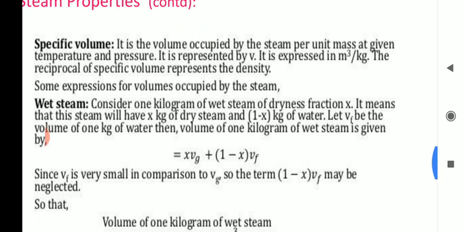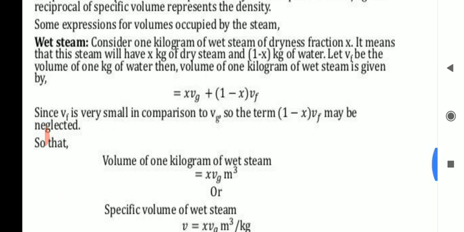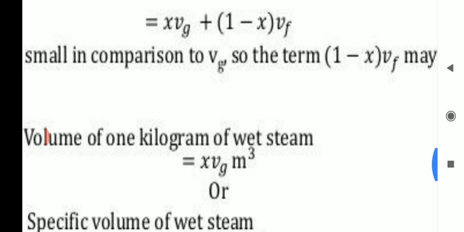Similarly for the wet steam, the specific volume is expressed as the volume of 1 kilogram of wet steam. It is x into Vg, where x is the dryness fraction and Vg is the volume of the dry saturated steam.